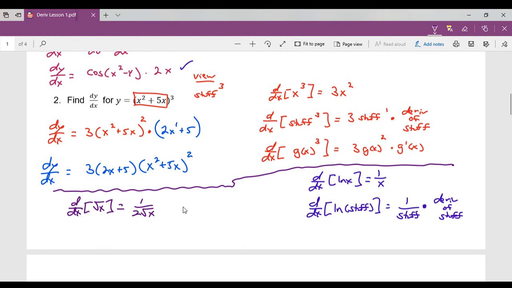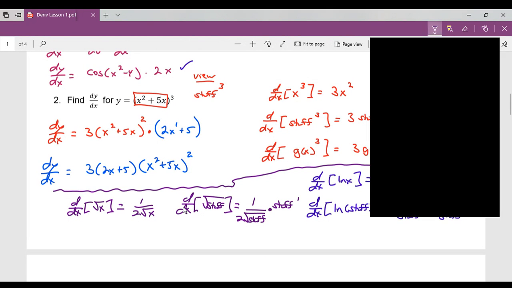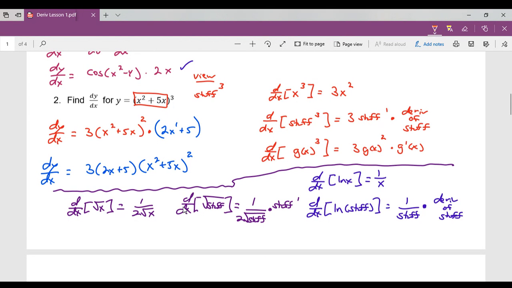So then what would the derivative of radical stuff be? Well, hopefully you're saying 1 over 2 radical stuff times the derivative of stuff. Maybe I'll call that stuff prime. Okay? That's it. Now, the mathy people don't use the word stuff. They like to use u.